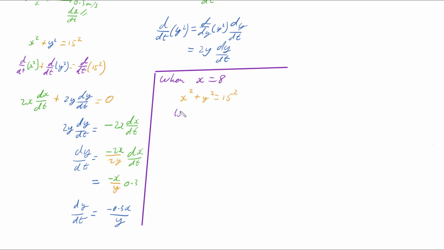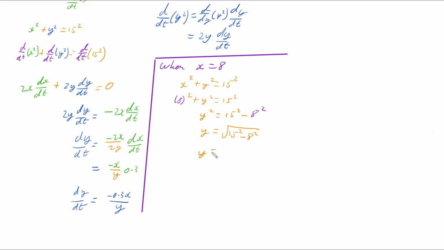So we've got 8 squared plus y squared equals 15 squared. So y squared is 15 squared minus 8 squared, and y is the square root of 15 squared minus 8 squared. Getting that as an answer is 12.69.